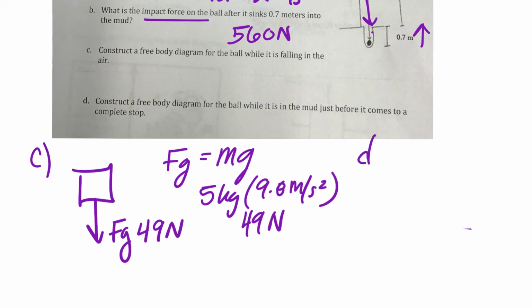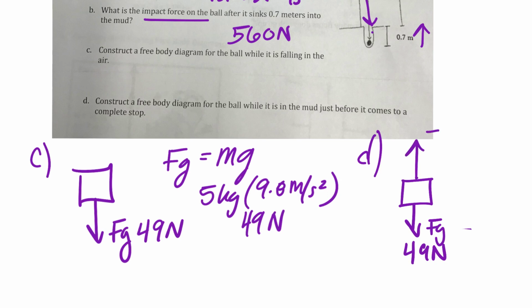Then for D, we are now constructing a free body diagram for when it's in the mud just before it's stopping. So we have that impact force of the mud acting against the rock to slow it down. You still have your force of gravity, of course, and that's still 49 newtons. That's not going to change just because it's in some mud. But now we have that force of the mud, and you can label this as an impact force.